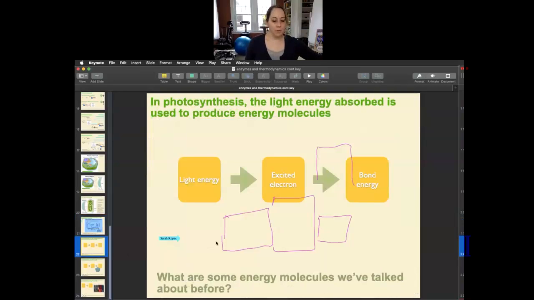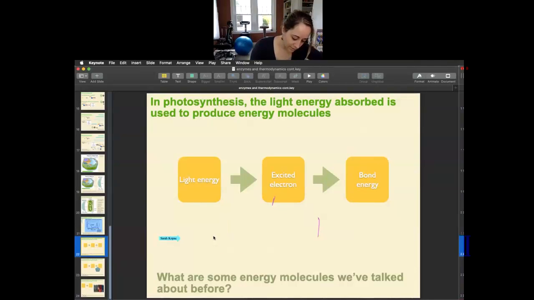Just to finish up, this is our diagram for photosynthesis. So again, we start out with light energy. That is absorbed by our chlorophyll. And the light energy is absorbed by electrons. And that electron then is going to be excited.